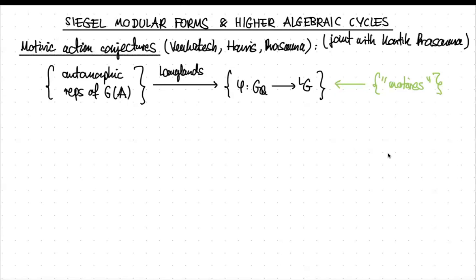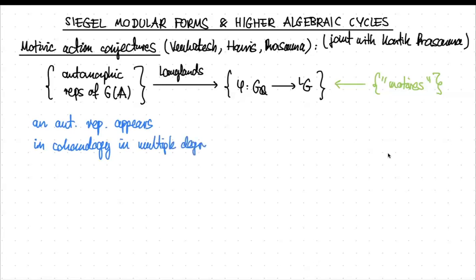On the automorphic side, there's this phenomenon that some automorphic representation appears, let's say, in multiple degrees of cohomology of the associated locally symmetric space. So there's this degeneracy you can just observe, that sometimes you'll see the forms in different degrees.